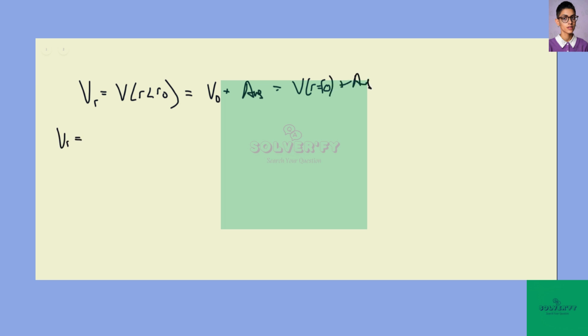So for V of r, let's figure out what V naught is. Well, V naught is just the potential from a point charge with the total charge. So this is Q total over 4 pi epsilon naught r naught. So if we plug in what we got for Q total, we can simplify things more, and this comes out to being 2 rho naught r naught squared over 15 epsilon naught.